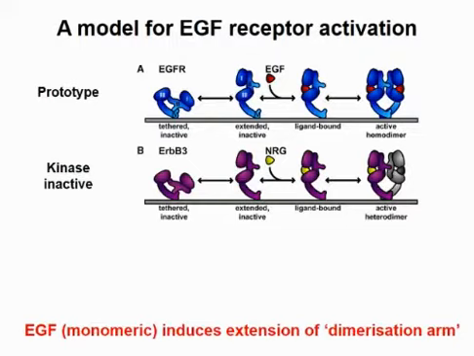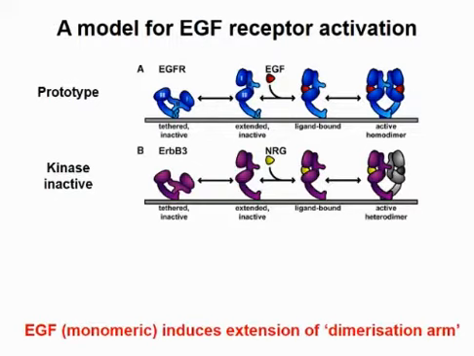And once it's extended, it can then hook up with one of the active members of the family, and when it does this, it will still be able to signal in a slightly different way, because only one of the dimers will have an active kinase domain, but still able to signal. And I guess having a kinase inactive member of the family allows you to get more ways to signal, to increase complexity of the signaling response if it involves this kinase inactive one.